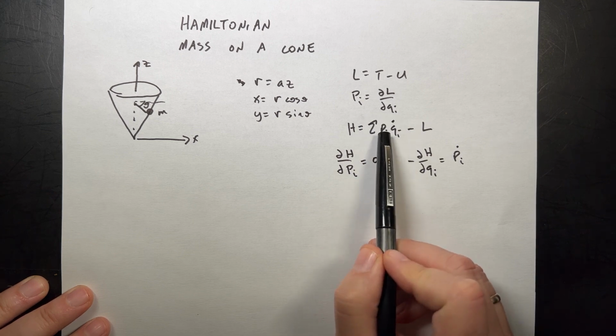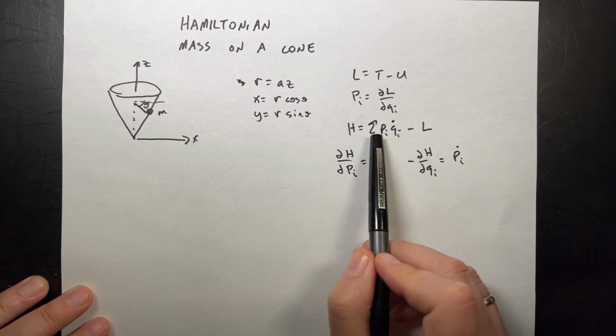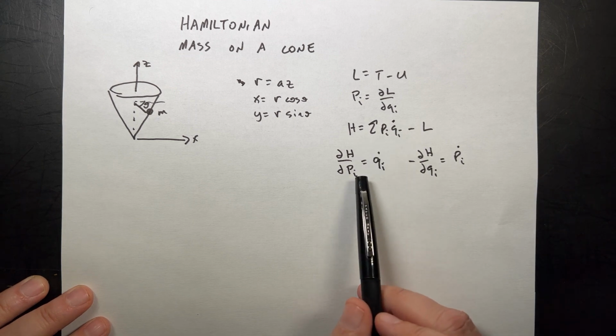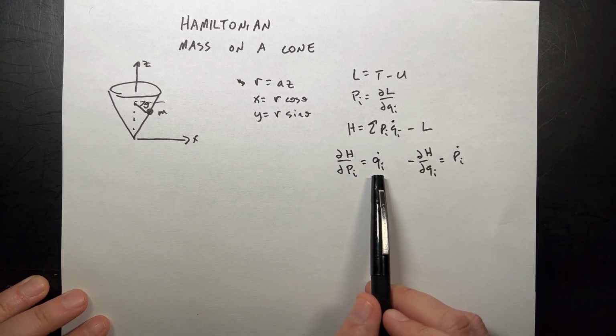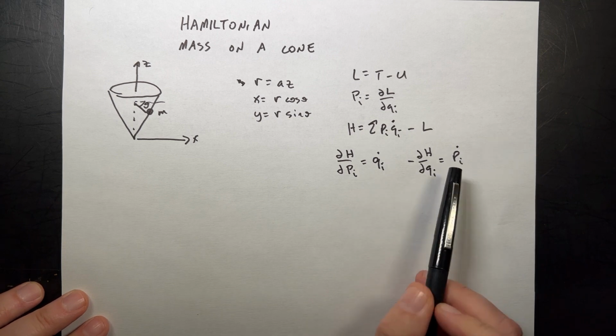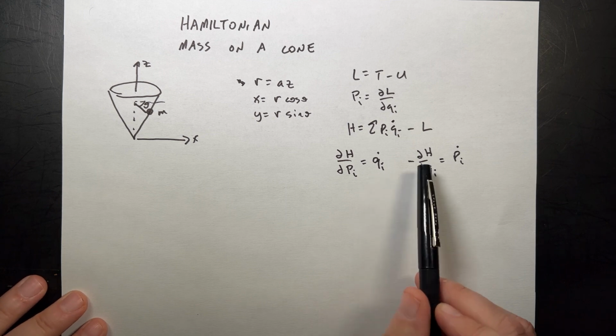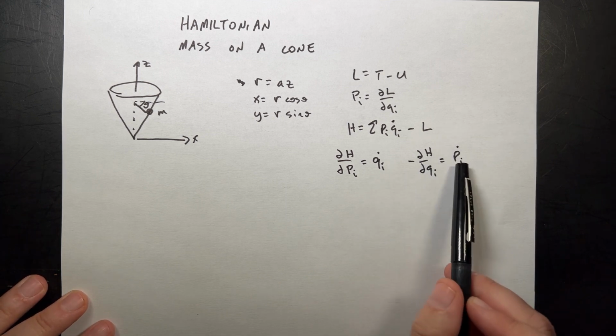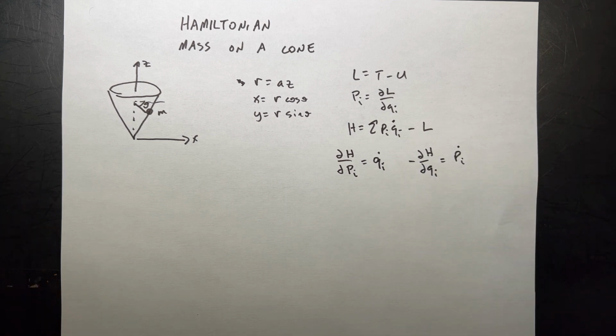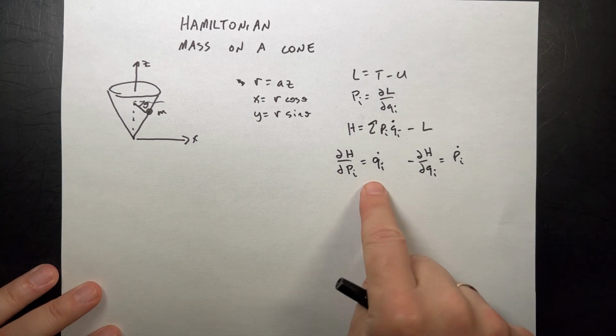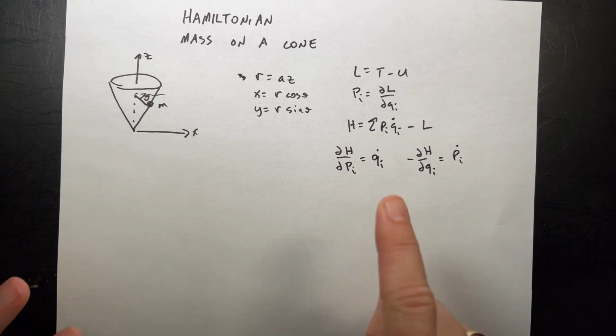I'll have a p_theta theta dot, a p_z z dot term. And then I can get first order differential equations of the q's and p's. The partial of H with respect to p is q dot, and then negative the partial of H with respect to q is p dot. So I'll actually get 4 differential equations, right? I'll get 2 for theta and 2 for z.